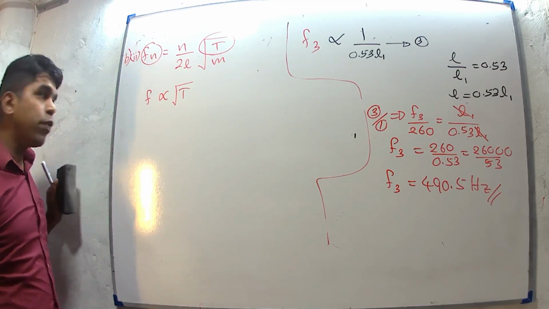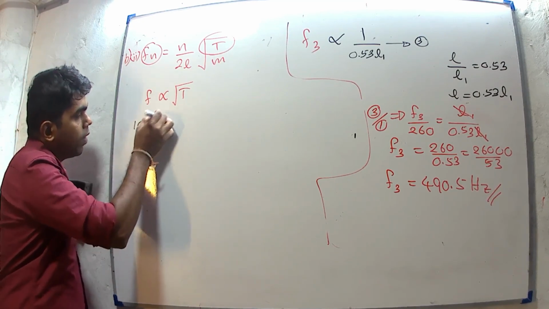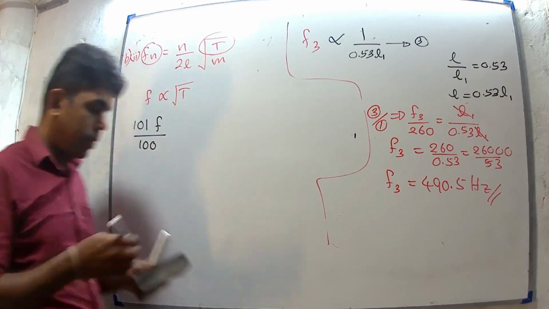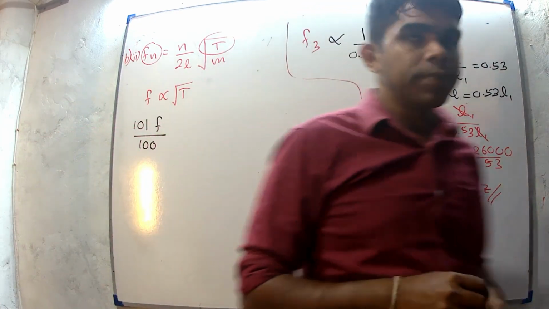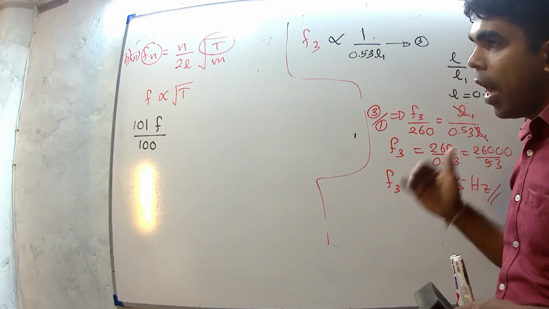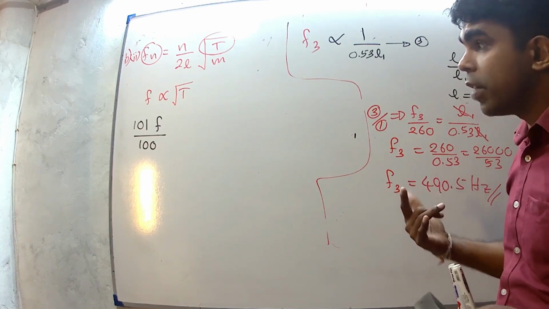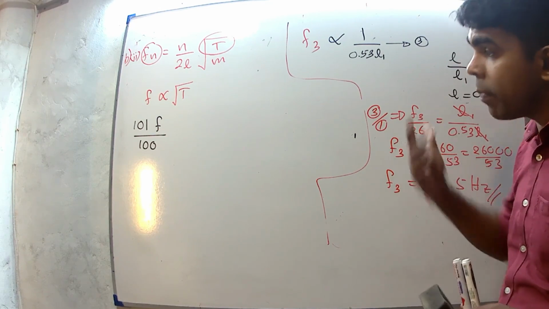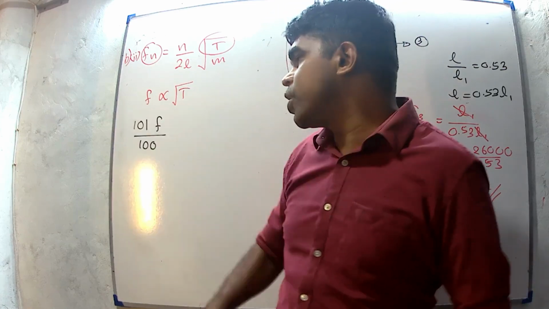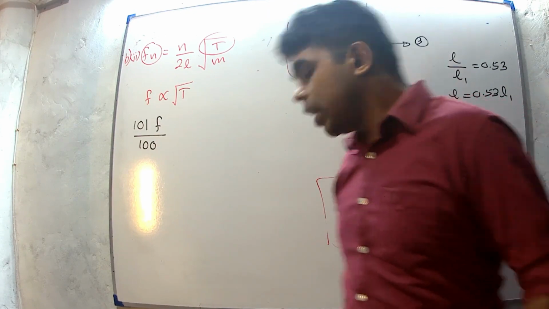Then the new frequency should be 101 F over 100. I have considered a 1% frequency increase. A 1% increase means if the initial frequency is F, the final frequency should be 101 F over 100.